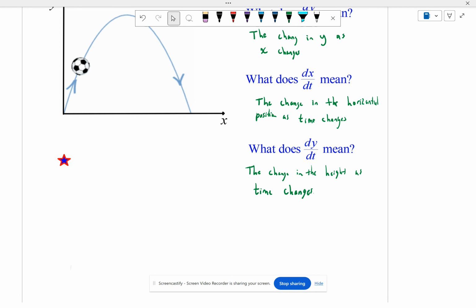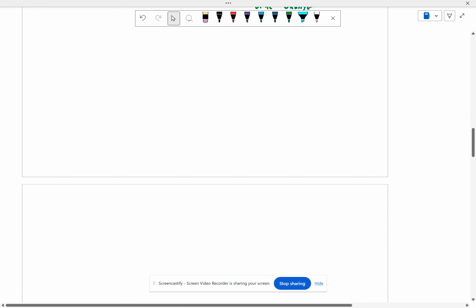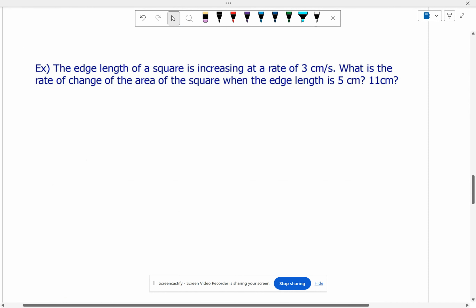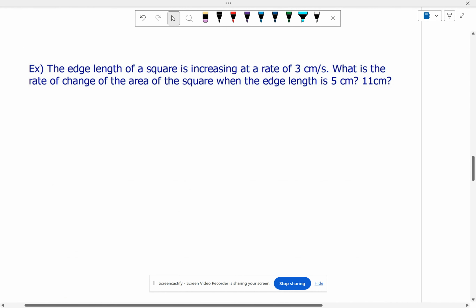So we're going to need implicit differentiation here, recognizing what those rates of change mean.